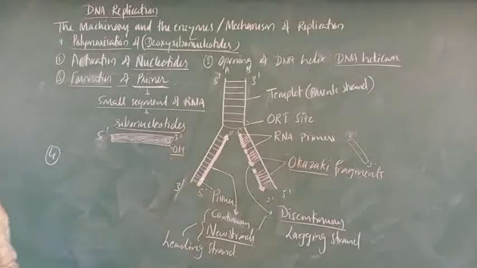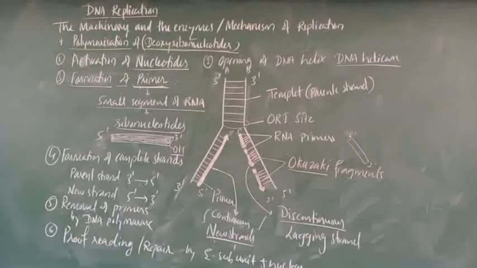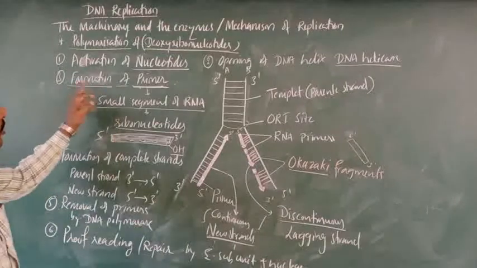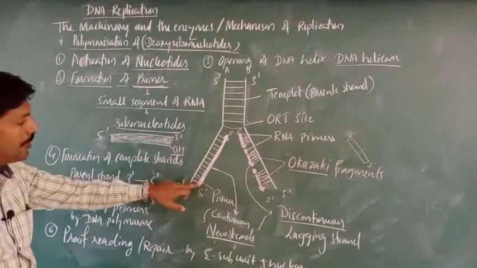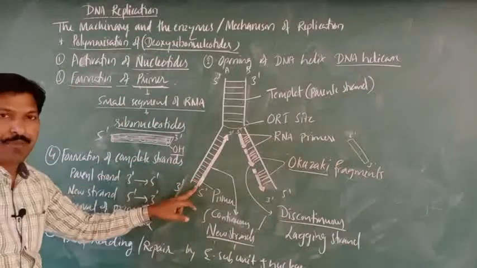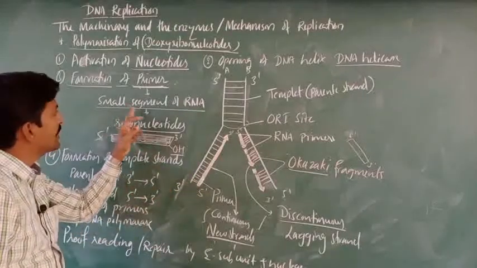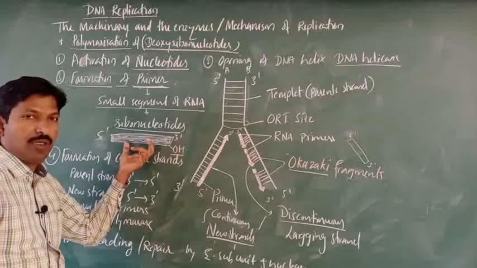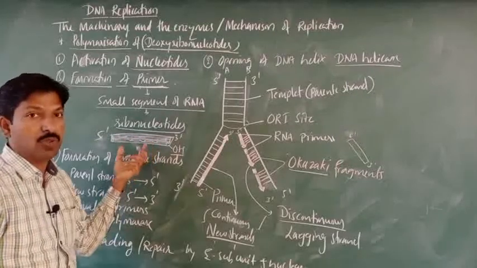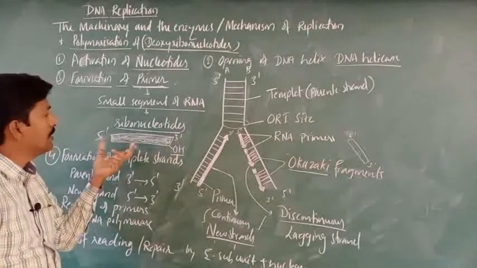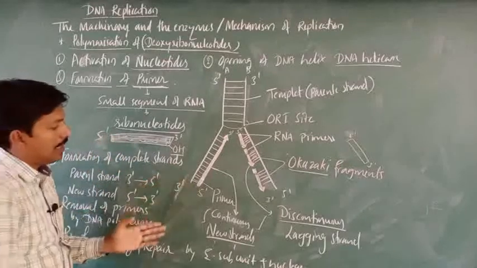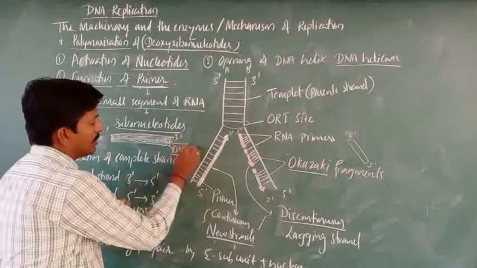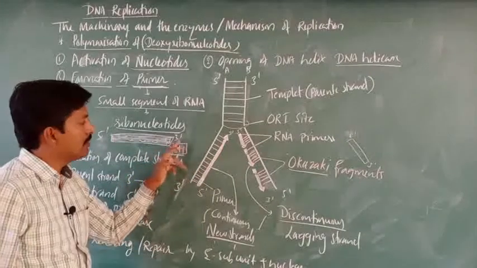See here, the formation of primers takes place. A primer is nothing but a small segment of RNA which has a few ribonucleotides, which are formed here and which provide the functional group, that is the hydroxyl group at third prime.